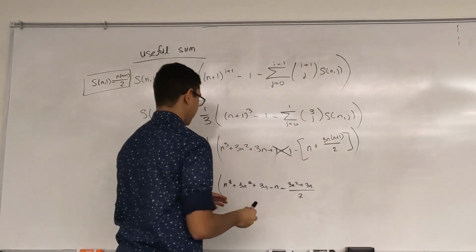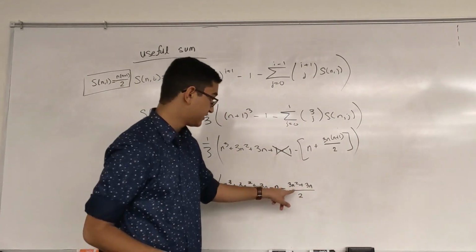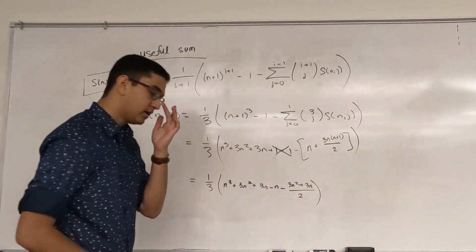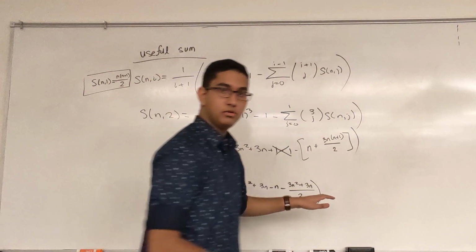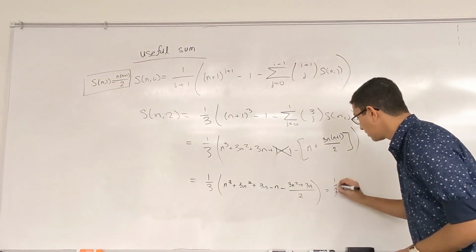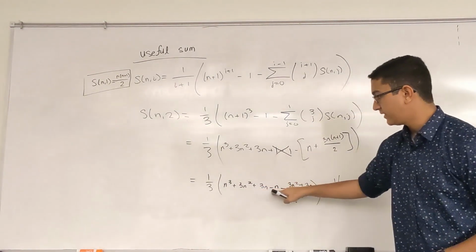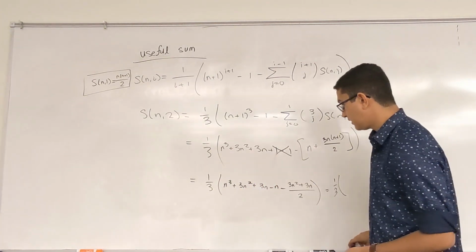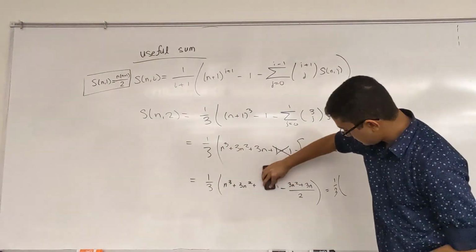Okay? So really quickly, I'll move over here to finish this off. First of all, we can see that 3n minus n is just 2n.